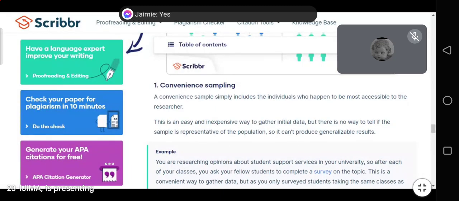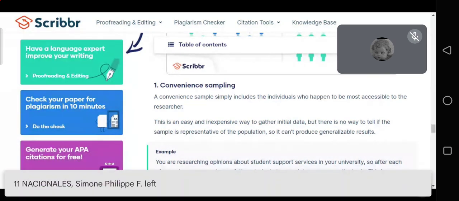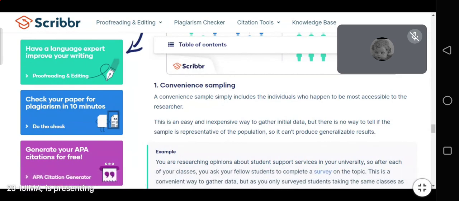For short, the easy way to identify a convenience sample is when the researcher is getting a sample near him or her.